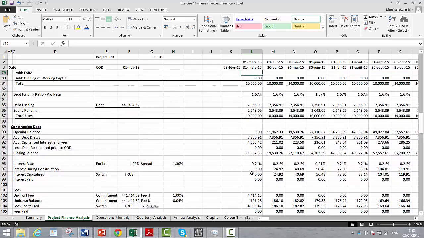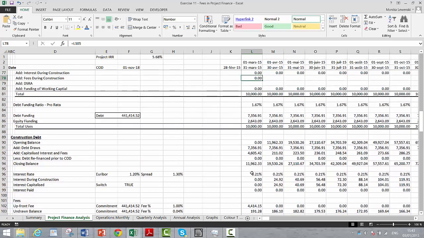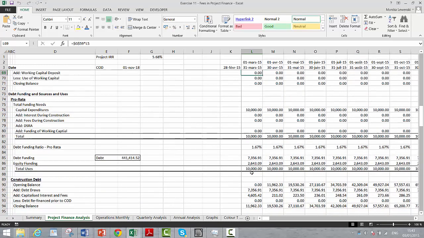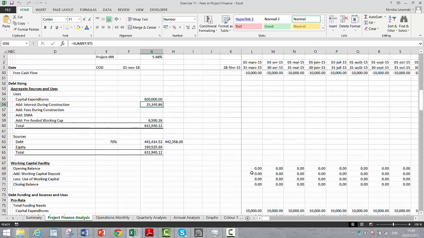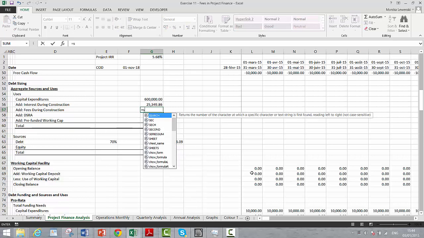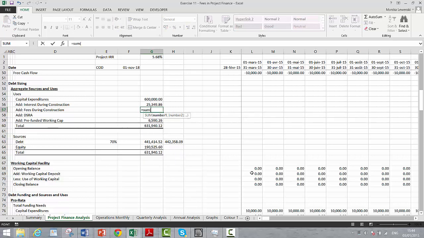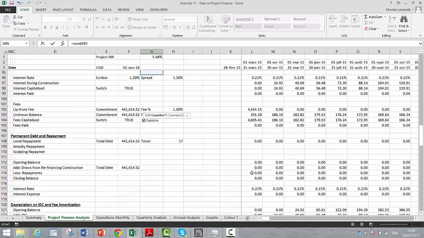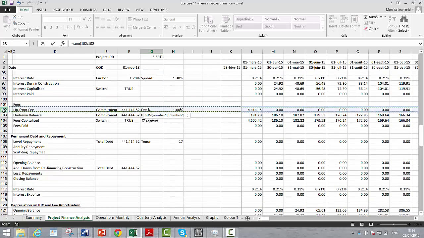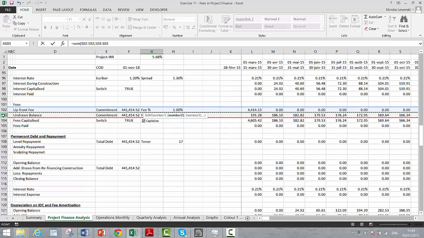Okay, and then here, this is a little bit different now. The fees that we put in, the interest that we put in construction, we should leave that. And the fees during construction should be the sum of the 2 lines of fees, and that doesn't depend on whether we capitalize it or we don't capitalize it.